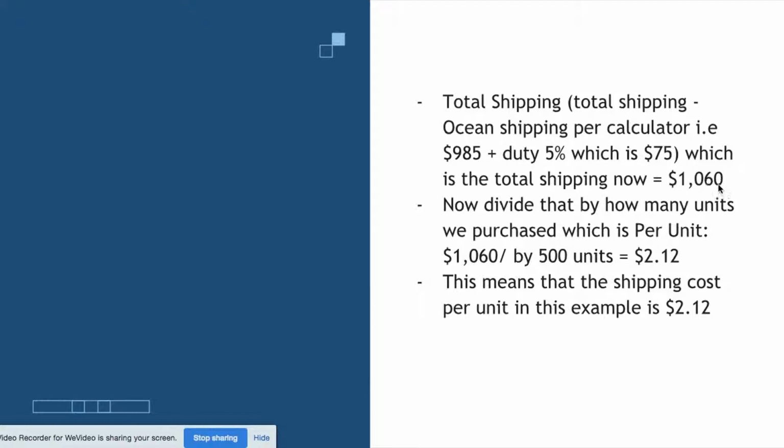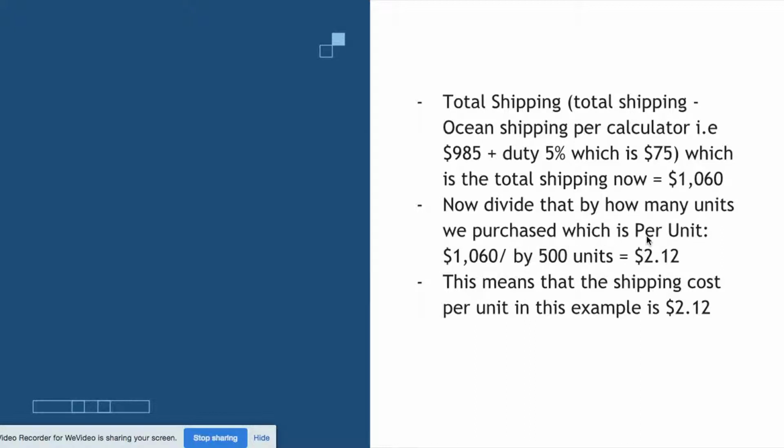We get 1,060. Now this is the real value of shipping everything, and everything is inclusive. Now we want to get the shipping fee per unit. You know that math, right, guys? So per unit, we get the 1,060 divided by 500 units.